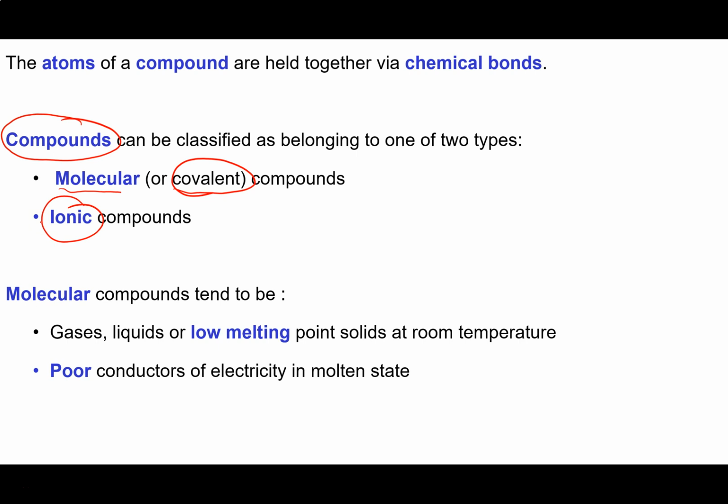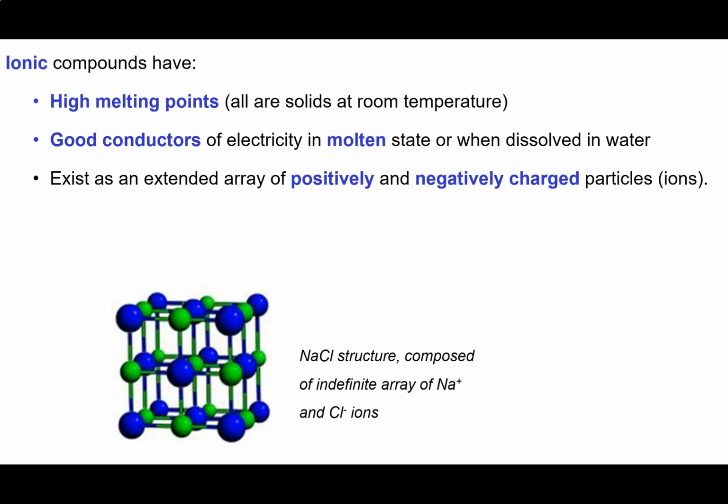These compounds have different characteristics. Molecular compounds can be either gases or liquids, or generally just low melting point solids, and they tend not to be very good conductors of electricity. Even if we melt them down, they still don't conduct electricity very well.